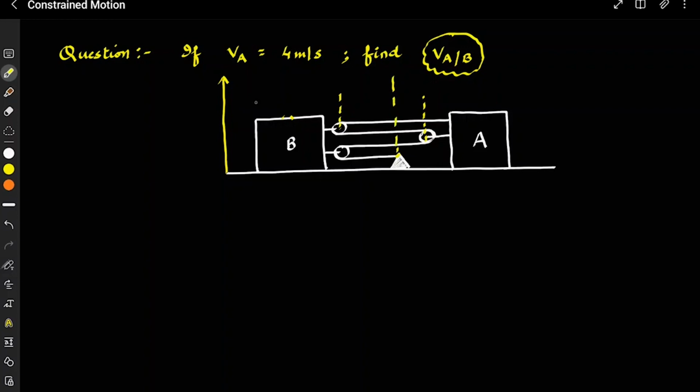Let's say I mark this position as XB, this position as XA, and this position as XC.